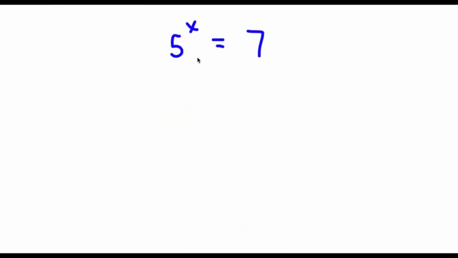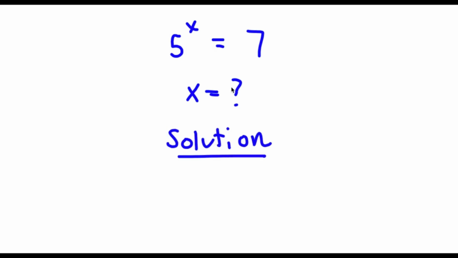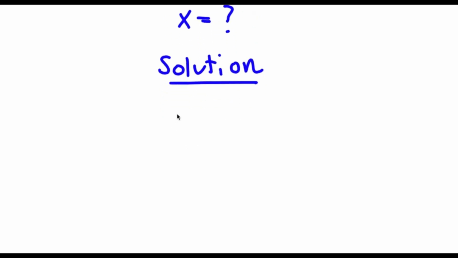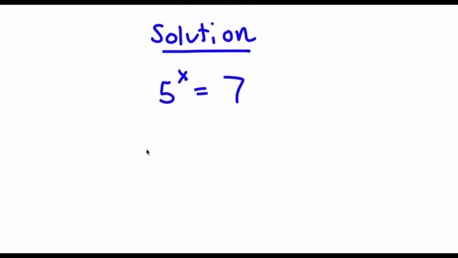All right, so I have 5 to the power of x is equal to 7. Now I want to find the value of x. So for my solution, first start with 5 to the power of x is equal to 7. Now I'm going to take the log on both sides.